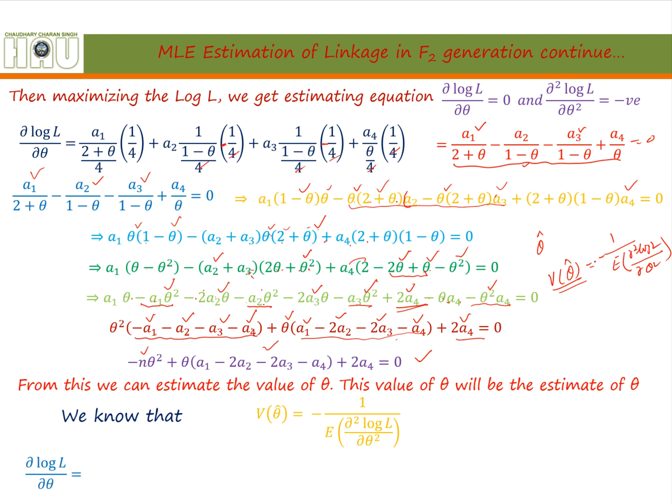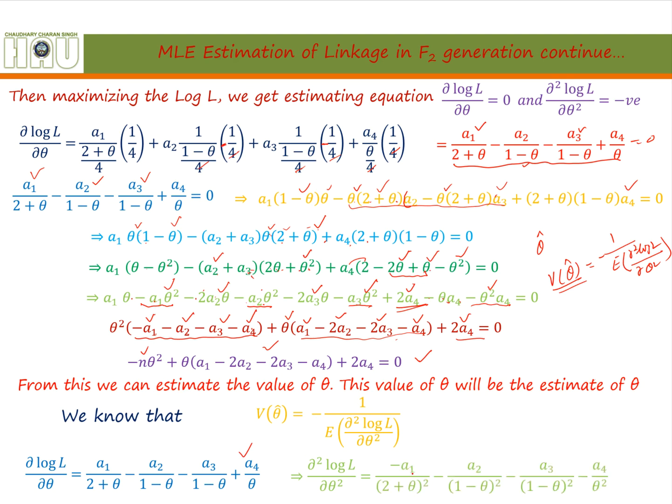So taking the second derivative with respect to theta, I will get minus a1 upon 2 plus theta square, and this is minus a2 upon 1 minus theta square, minus a3 upon 1 minus theta square and a4 upon theta square.